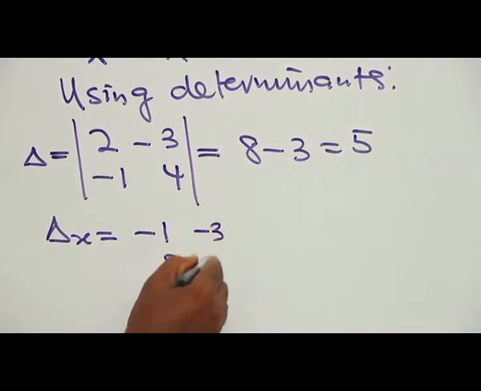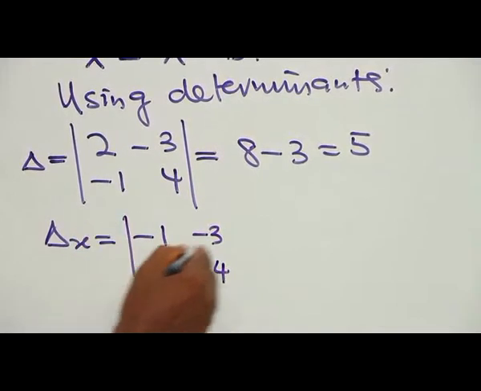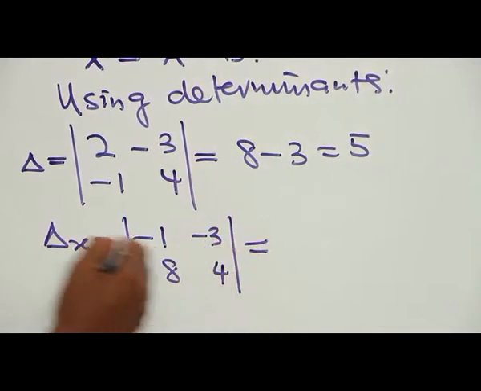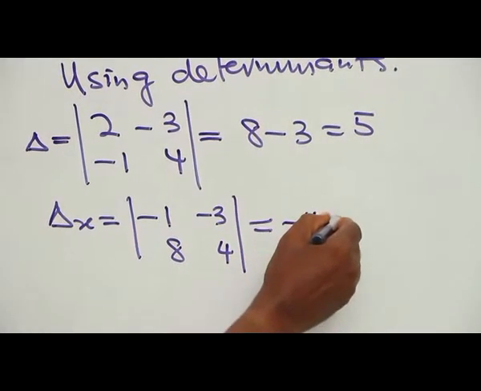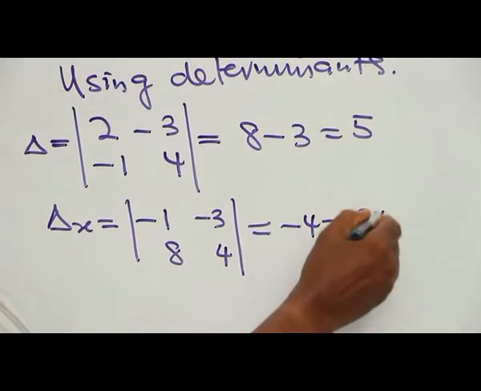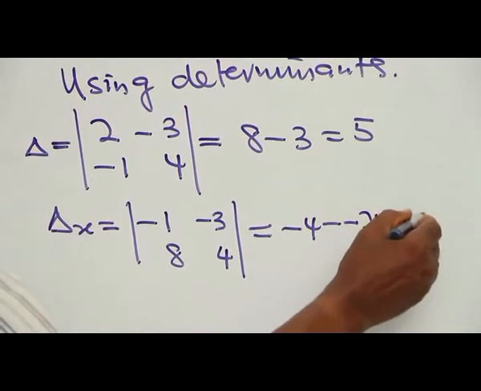And here is minus 3 and 4. Find the value of this. This will give you minus 4 minus 24. And the result is equal to 20.